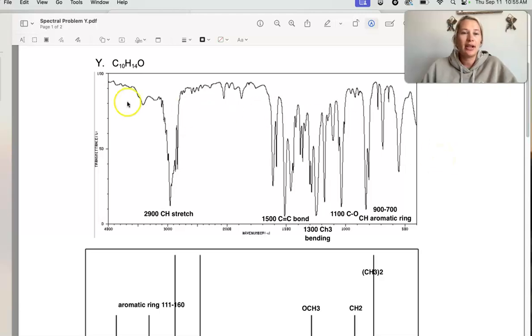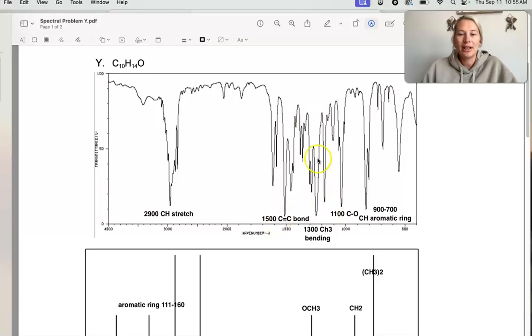The first thing that caught my eye was the spike here at 29, which is our CH stretch. Then at about 1500 was our carbon-carbon double bond, which we do have in our benzene ring.